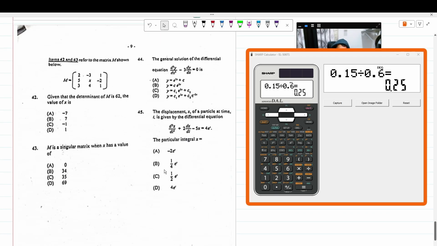42. Given that the determinant of M is 62, the value of x is... You have to go and calculate the determinant here, no choice.